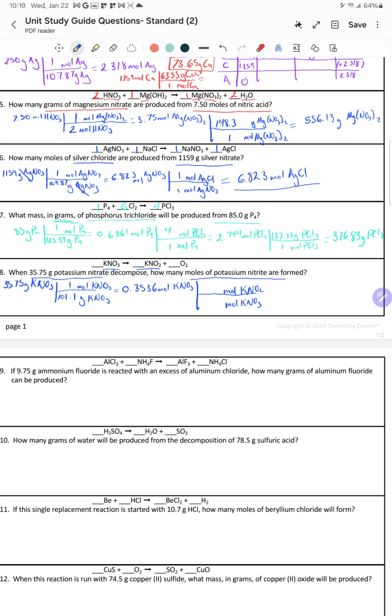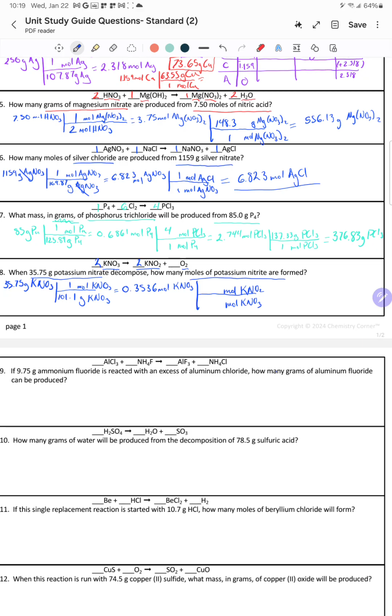So let's say, okay, well, I can see 3 and 2 are usually into 6. So if I put a 2 here, that gives me 2 times 2 is 4, plus the other 2 oxygen over here will give me 6. So that looks like it possibly works. So that means we end up having 2 potassium, so I need a 2 over here at least.